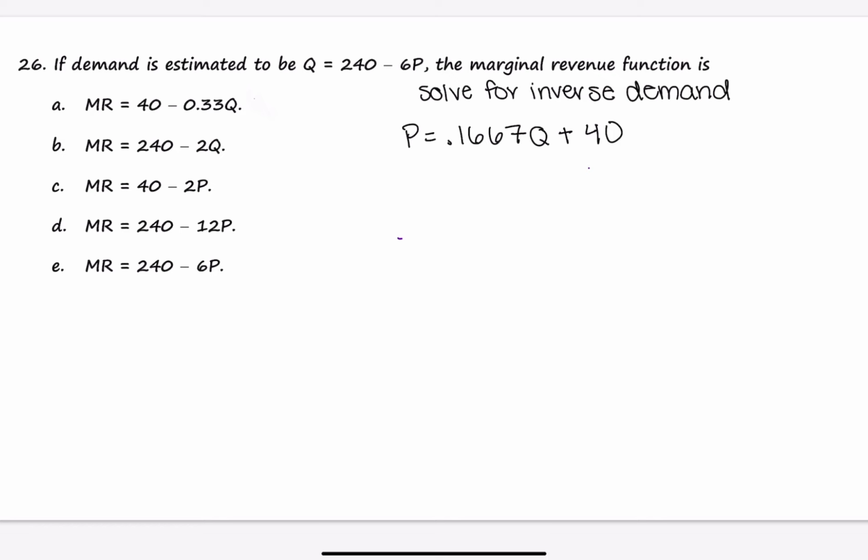Then our marginal revenue function is going to be the same intercept, but 2 times as steep as this inverse demand function.